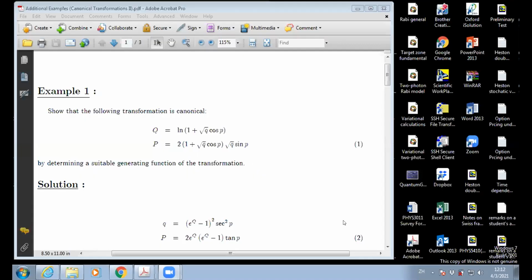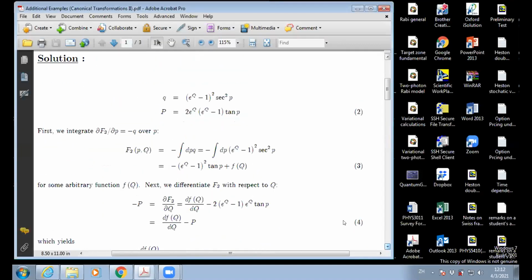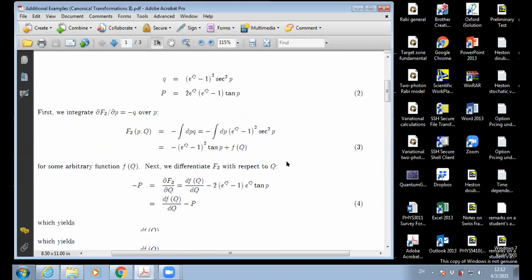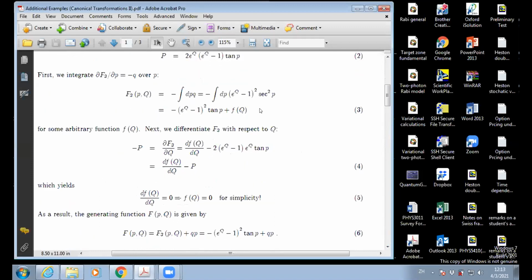Thank you. Now, let me show you my answer then. It is exactly the same as what K presents. So we integrate the Q over P. Then we get a nice result in equation 3, all right?